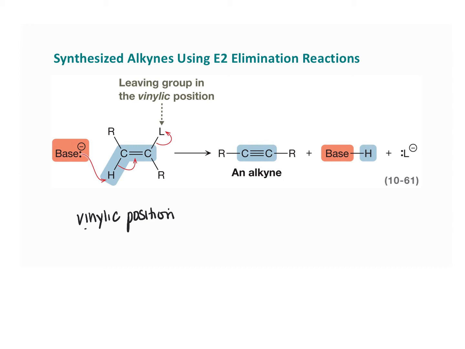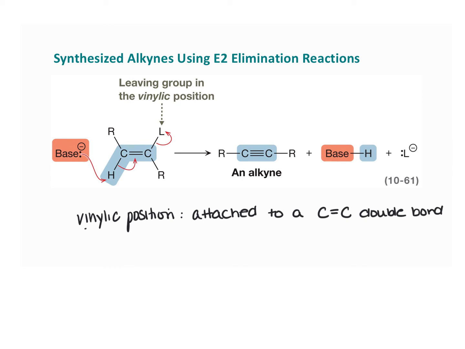I have a really hard time saying it. When we talk about something that's in the vinylic position, it's attached to a carbon-carbon double bond, right? So if you have something that's attached to a carbon-carbon double bond, right there, that's the vinylic position.